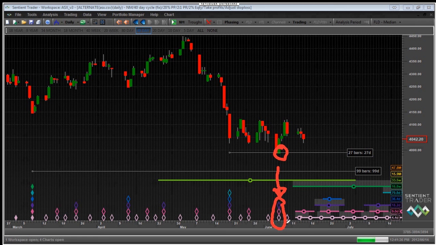There are times when you will enter a trade on the basis of the 20-day FLD, even the 10-day FLD, possibly, but very, very unlikely, the 5-day FLD. When would you make a trading decision to enter a trade on the 40-day cycle on the basis of the 10-day FLD?